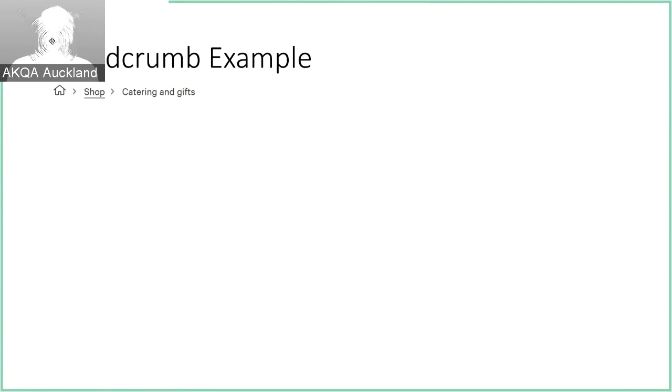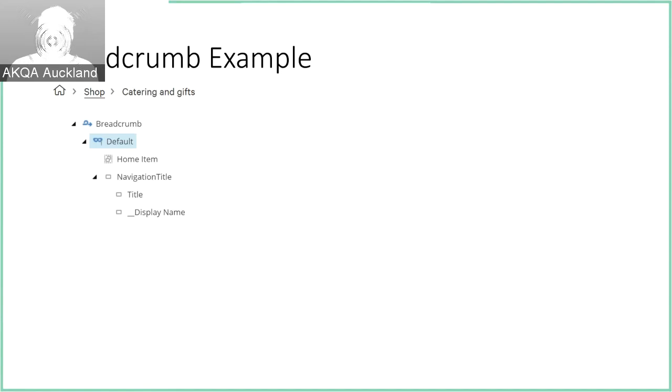Obviously, this is the content architecture: the shop page, the home page, and the catering gifts. Breadcrumb is an out-of-the-box rendering, so what we did is clone that particular rendering, so that you have your own and can customize it further. And this is how the rendering variant will look.